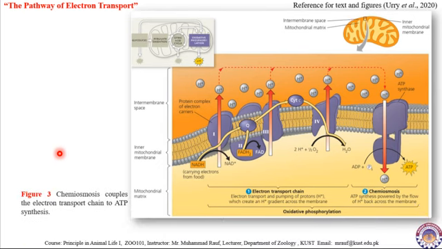So now this is the summary of the whole process. FADH2 enters complex 2, NADH enters complex 1, and as these molecules deliver their electrons to a series of carriers, the exergonic energy is utilized to push these hydrogen ions into the intermembrane space.